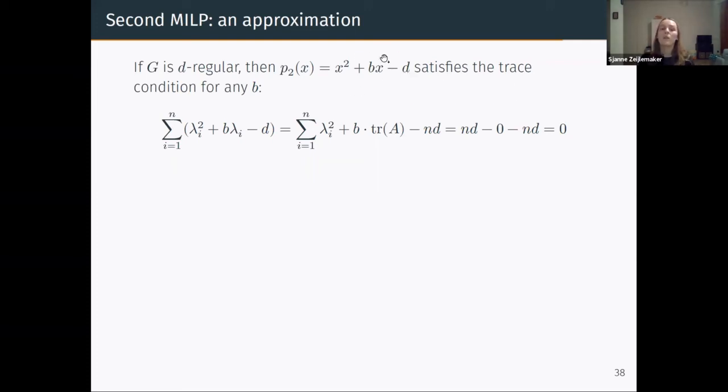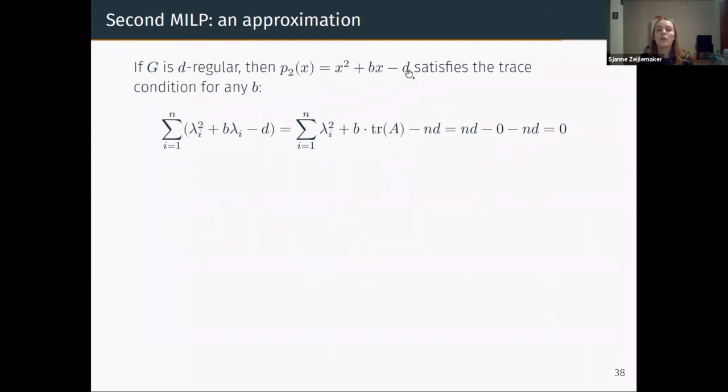And this is independent of this coefficient b that we have here. So what we can do is restrict ourselves to this shape of polynomial and start optimizing over this coefficient b. To do this, we no longer need to solve a mixed integer program. Essentially, we're no longer dependent on a solver, and we can much more easily control what is happening here.